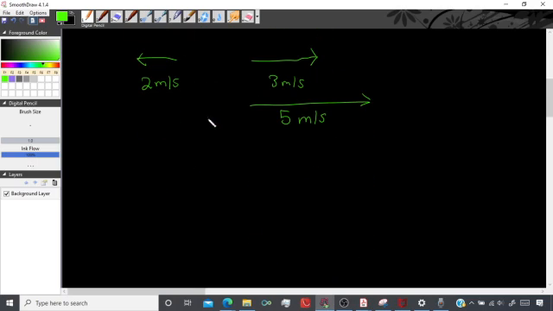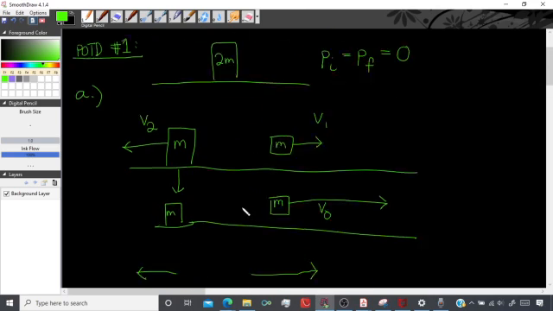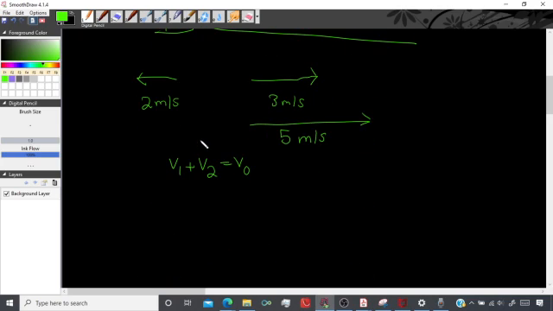Similarly in the problem, we can say that v1 plus v2 is equal to v naught. Also, as I said earlier, the momentum of the system consisting of the block, me, and the crate has to be 0. So m times v1 has to be equal to m times v2, because they're going in opposite directions, so the momentum of those two cancels out to be 0.